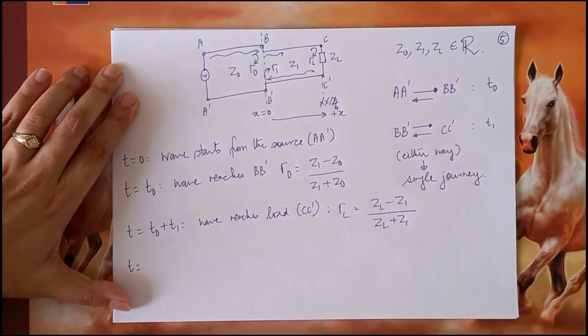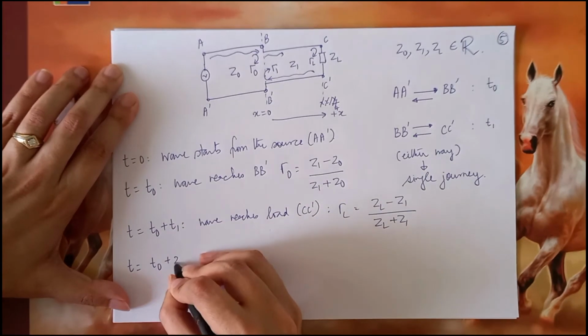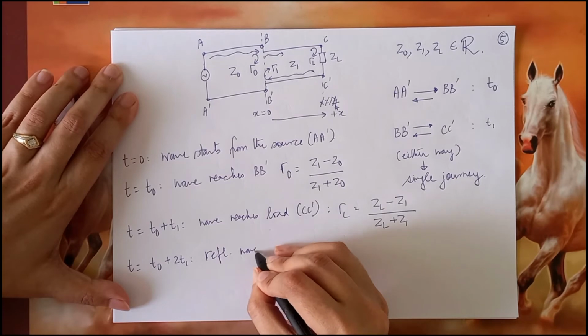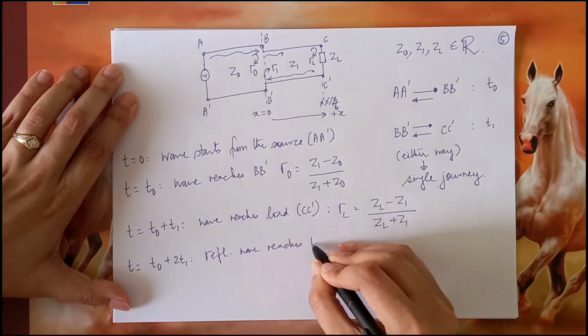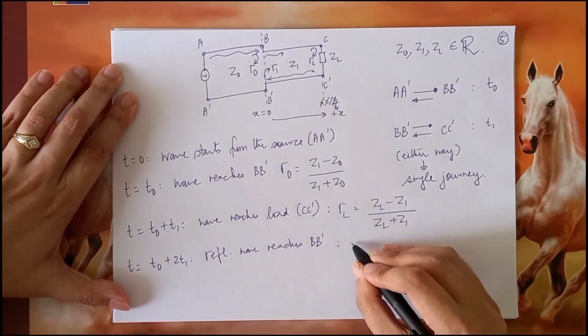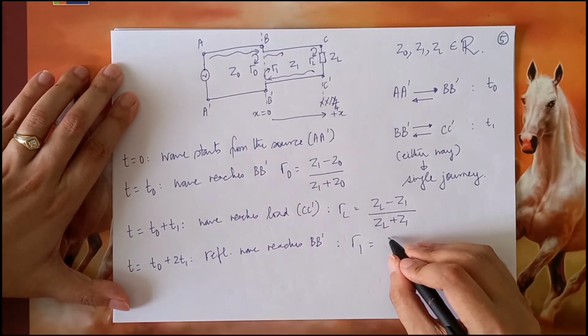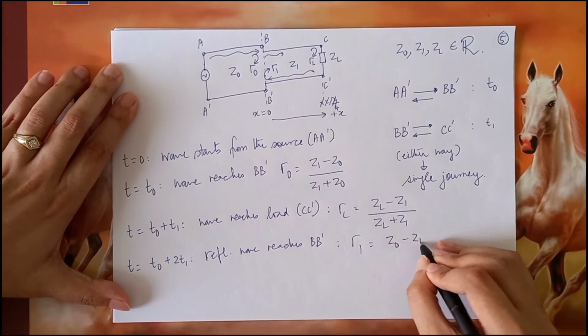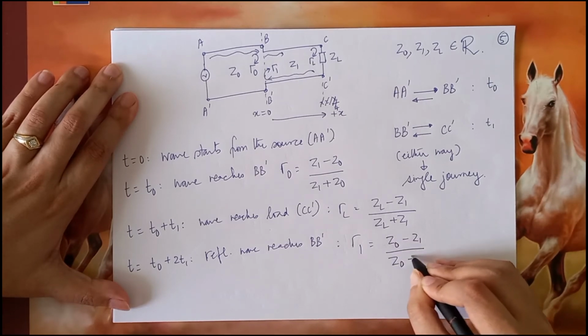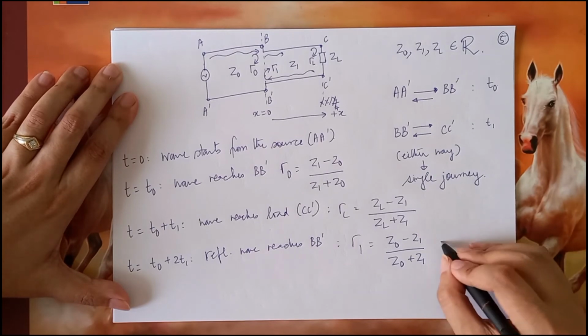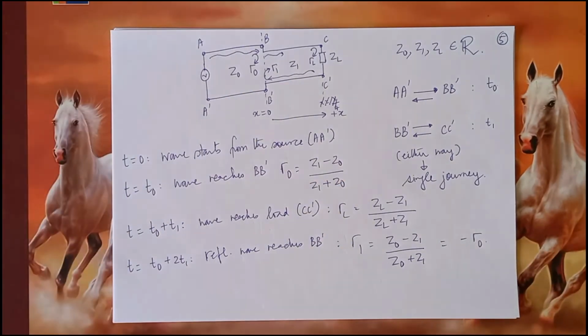So after another t1, that is t0 plus 2t1, I will say the reflected wave reaches BB prime. So therefore gamma 1 will be what? Gamma 1 will be Z0 minus Z1 divided by Z0 plus Z1. And if you notice, gamma 0 and gamma 1 are just opposites of each other. So this is nothing but minus gamma 0. Right?